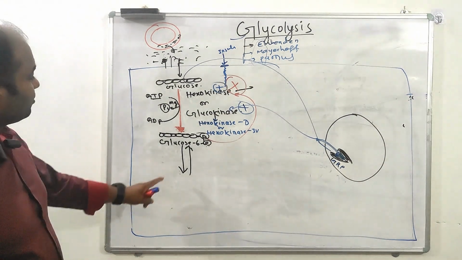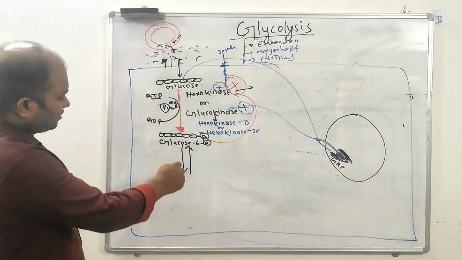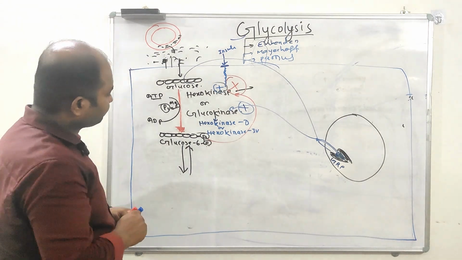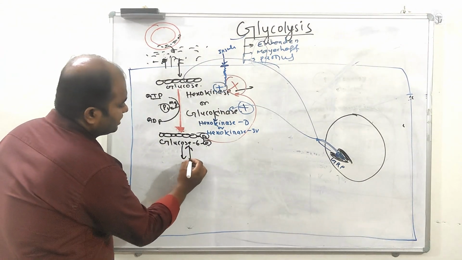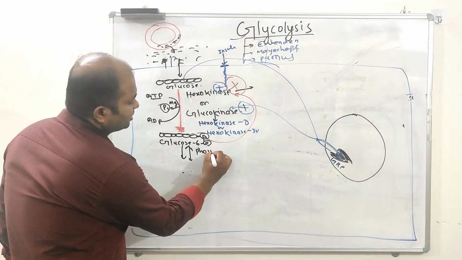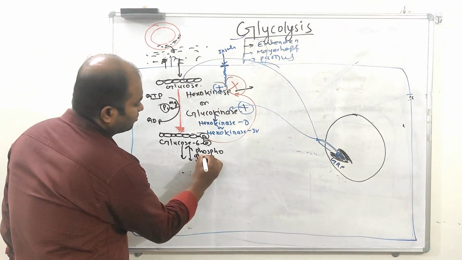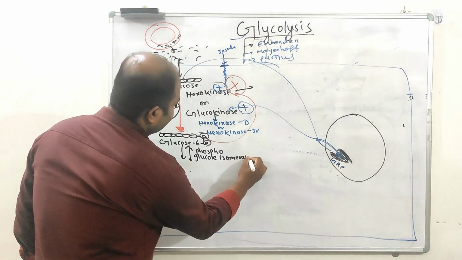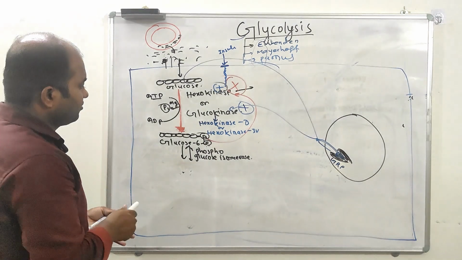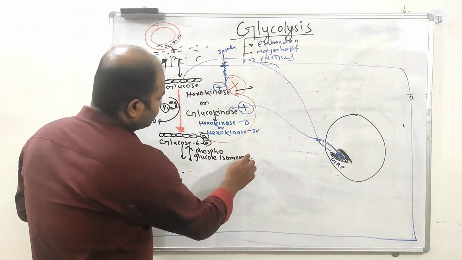So this is glucose 6-phosphate, which will further go in and form fructose 6-phosphate with the help of phosphoglucose isomerase.